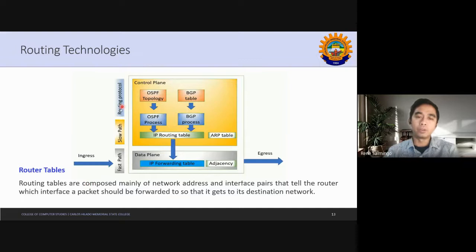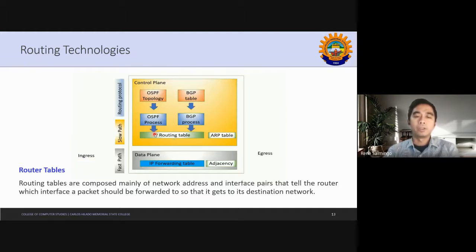So, as you know, we start with the routing protocol, OSPF. We have the slow path, your routing table, because on this side, you're going to check, it's like you're going to the post office. You have specific drawers where the mail is located, where you can find this address.